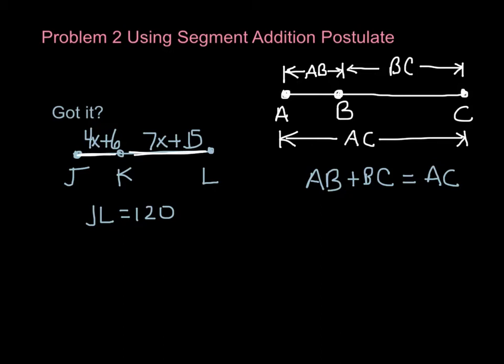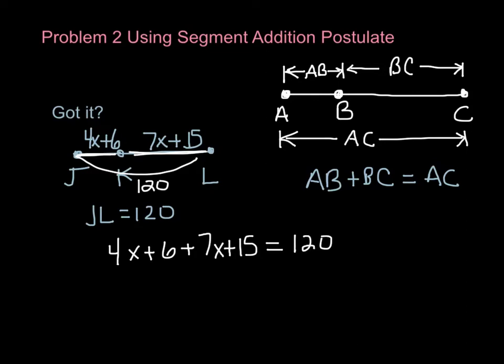Well, we know the entire length is 120. Because our postulate says that each piece added together would give me that length, we are going to write the expression 4x plus 6 plus 7x plus 15. If we add those two expressions together, we know that is going to give us a length of 120, because this piece and this piece added together give me the entire length of 120. So we have just written ourselves an equation.